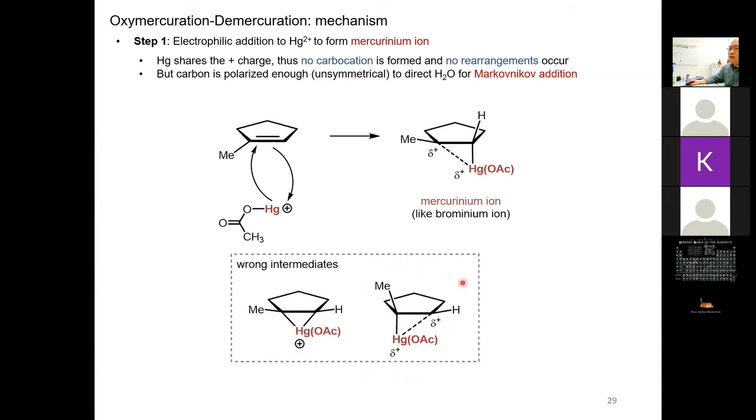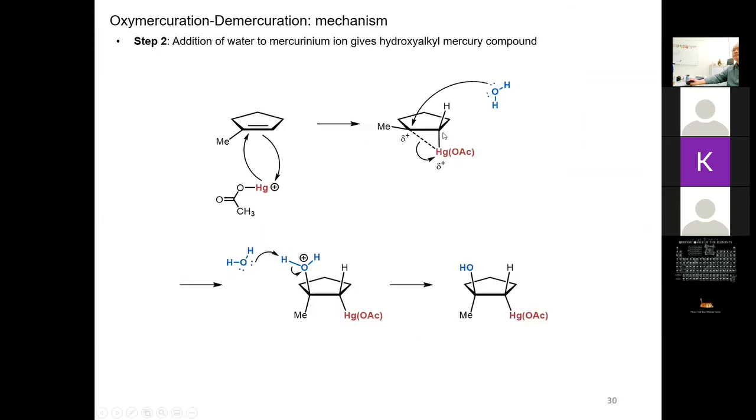It also will not generate this one because this is much less stable than this one, because the partial positive charge wants to stay on the more substituted carbon. Okay, so this one is correct for the unsymmetric alkenes, like this. This bond is partially positive. After we generate this mercurinium ion, the nucleophile will attack because this carbon is partially positive, right?